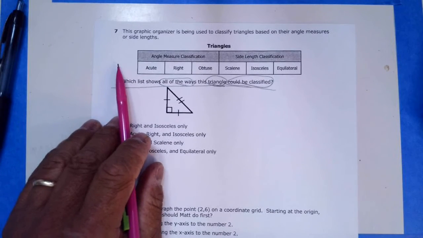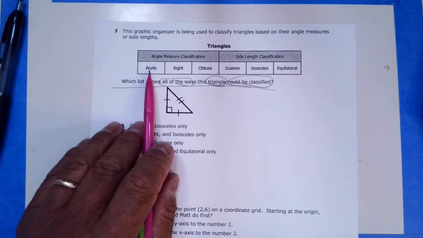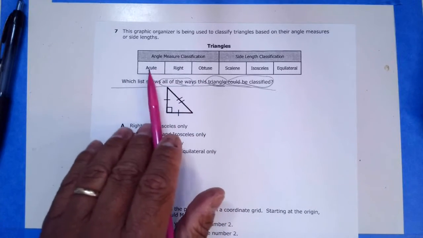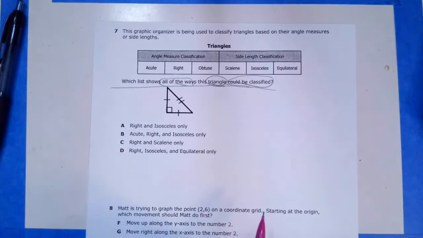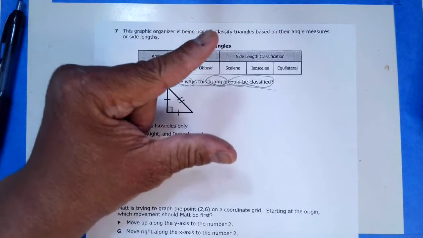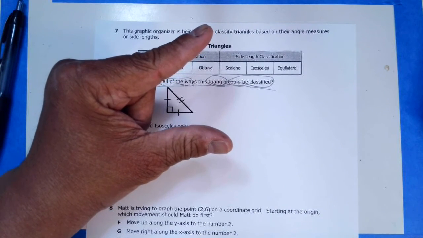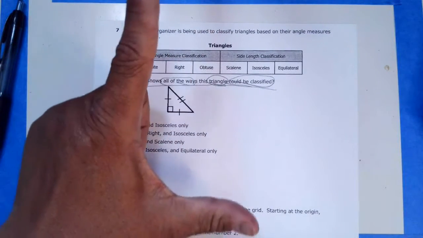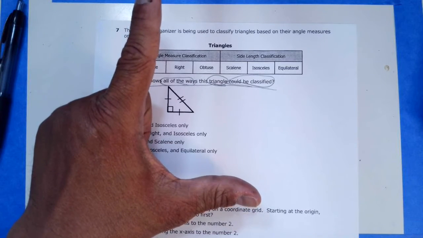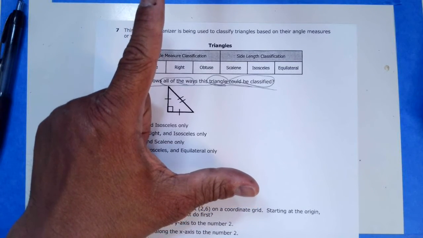On this one, let's go over some of the definitions first. Remember, on this, acute, this is when I was telling you, acute, a little angle, how cute, acute. Right, looks like an L, 90 degrees.